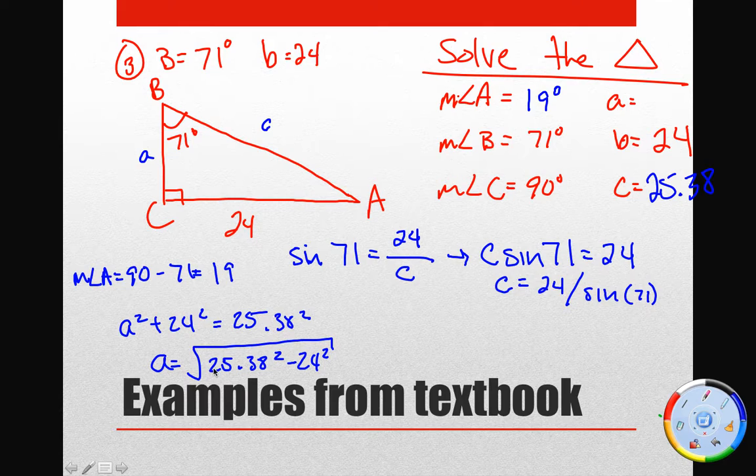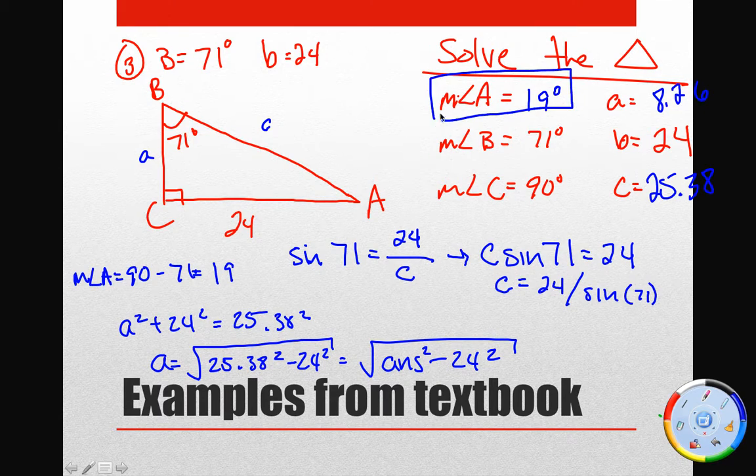So if you just type in the square root of answer, which is down at the bottom, so I'm doing square root of ANS squared minus 24 squared. And I get a is approximately 8.26. And there we go. We've solved the right triangle. We've got the missing pieces that we needed.